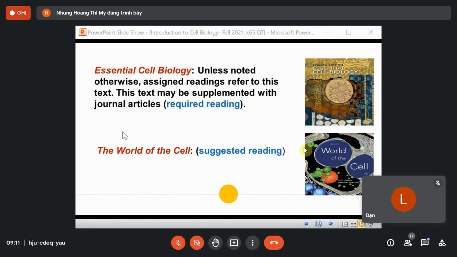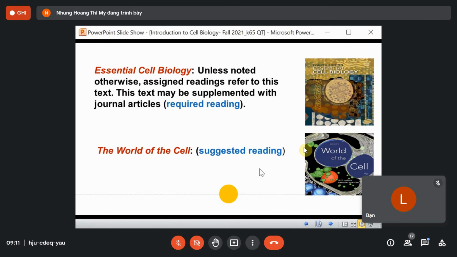So, if you have a good English basis, I think it's better for you to read this book. Also, Essential Cell Biology, I think, is enough for you for this course. If you can understand and read everything in this book, it is quite enough for you.